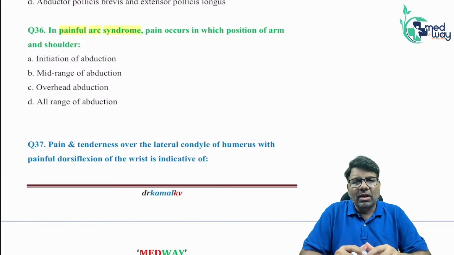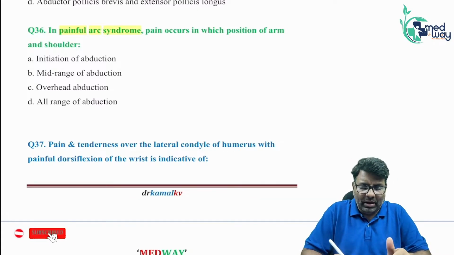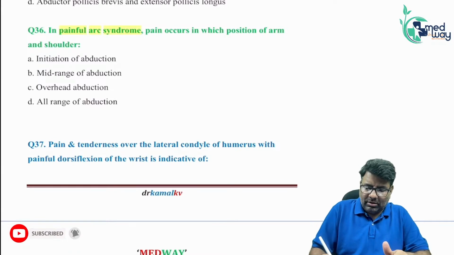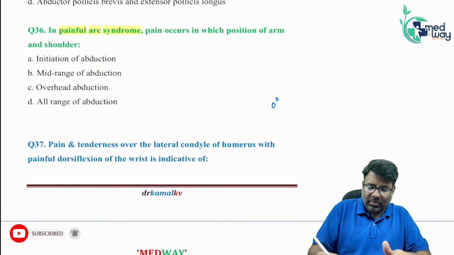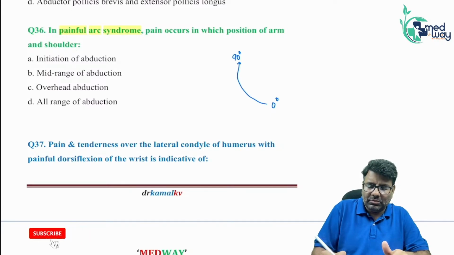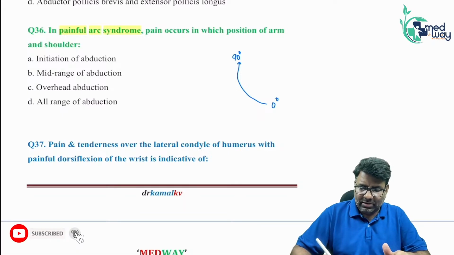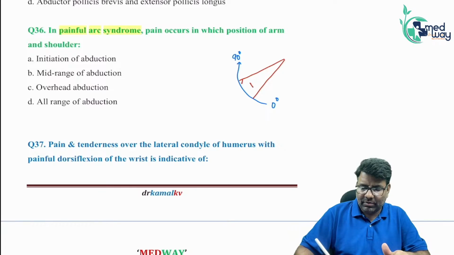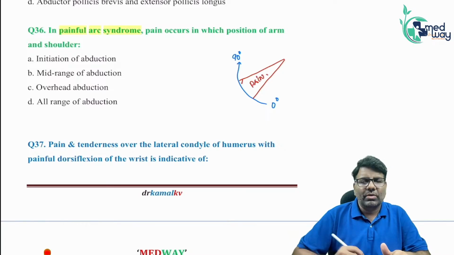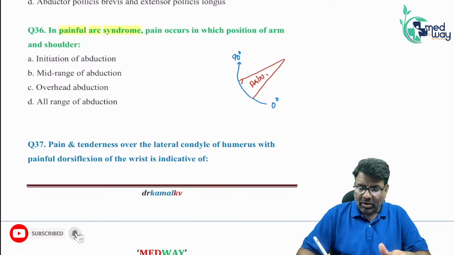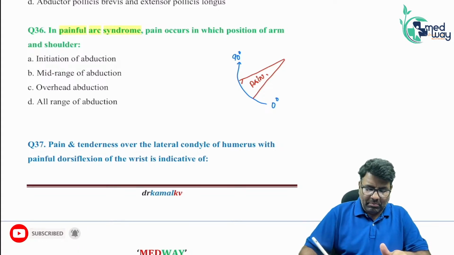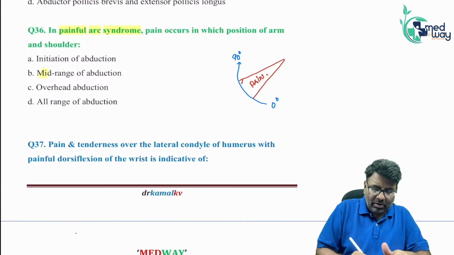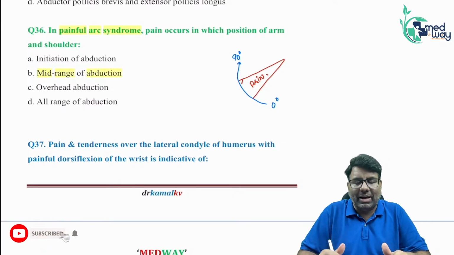Now what happens here when the patient is performing abduction, right? Suppose this is 0 degree, and from here the patient is taking the upper arm to 90 degree. Now what happens in the mid range, the patient will have very severe pain in the shoulder area, right? So this is the mid range of abduction, and this is because of impingement of the tendon of the supraspinatus muscle.